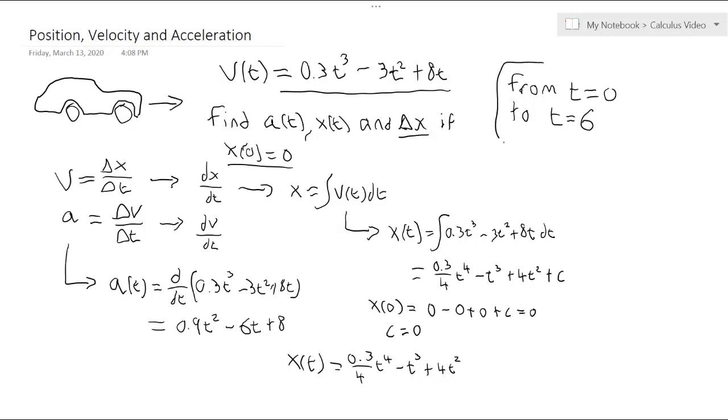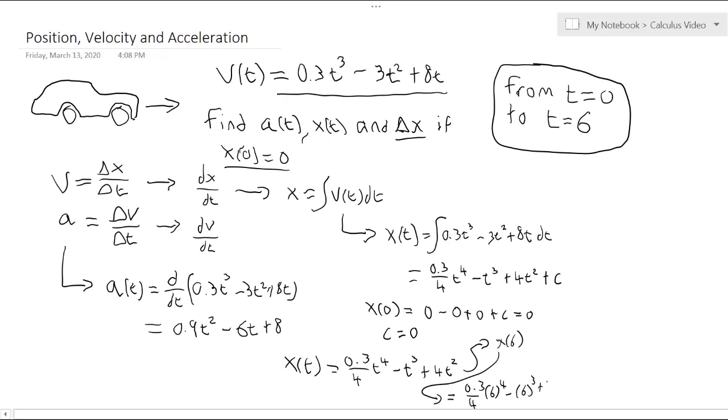So we need to look at the time that they give us from t is equal to 0 to t is equal to 6. So they already told us that x of 0 is equal to 0. So all we need to do here to find delta x is to plug in x at 6 seconds, which, if we come down here, running out of space, that's just going to be equal to 0.3 over 4 times 6 to the fourth, minus 6 cubed, plus 4 times 36, which is 6 squared.